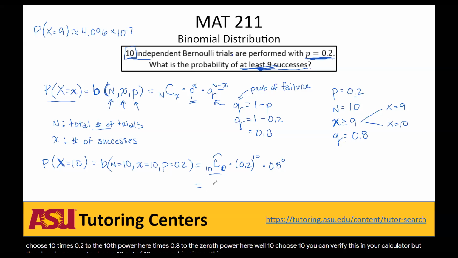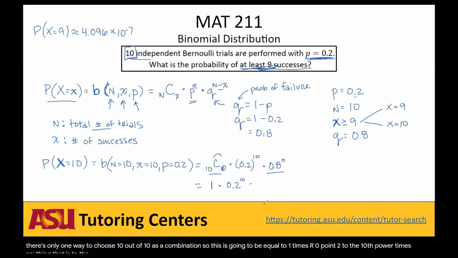So this is going to be equal to 1 times our 0.2 to the 10th power times anything that is to the 0th power equals 1. So 0.8 to the 0th power is 1. So we're just going to multiply this by another 1.